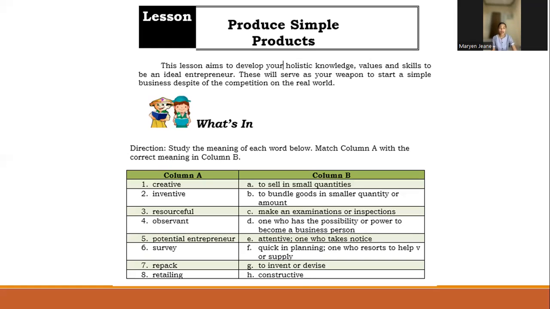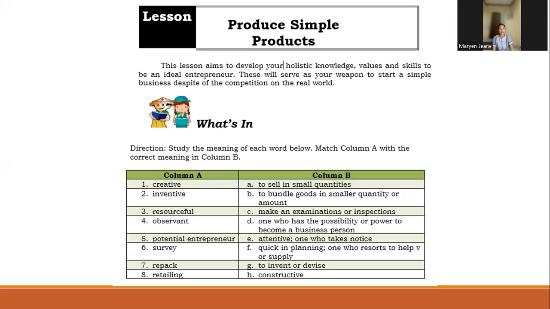For column B, we have A, to sell in small quantities. B, to bundle goods in smaller quantity or amount. C, make an examination or inspection. D, one who has the possibility or power to become a business person. E, attentive, or one who takes notice.